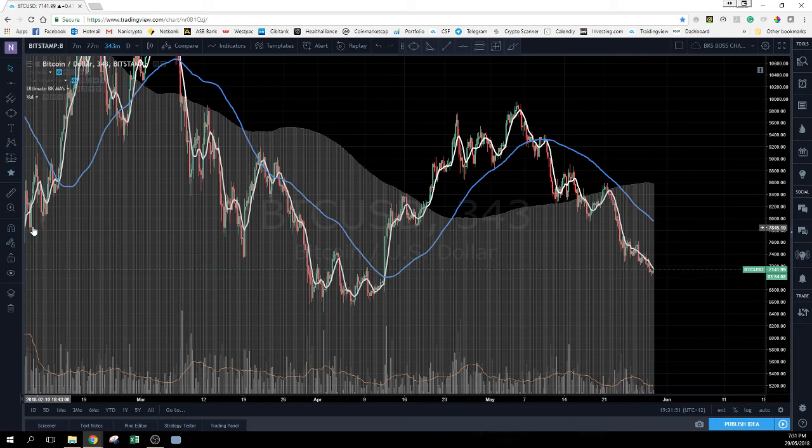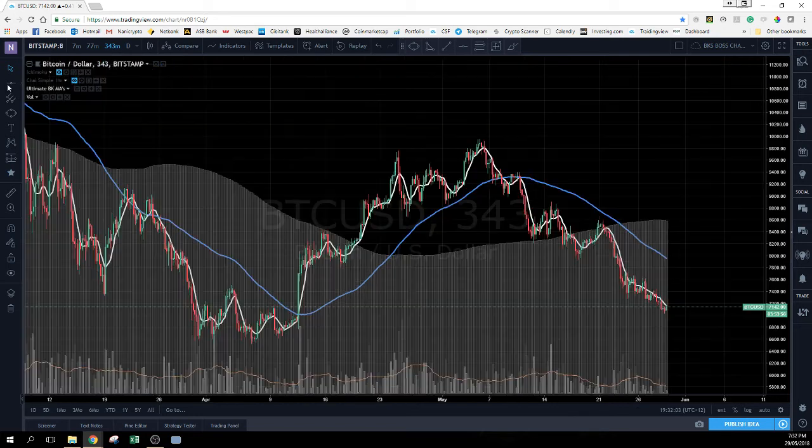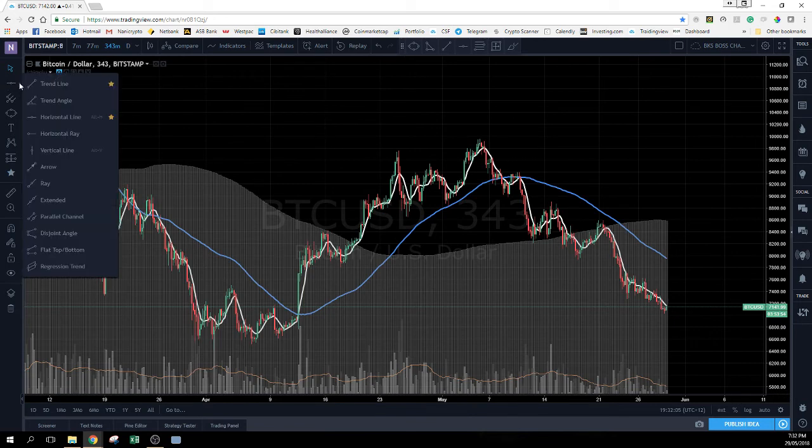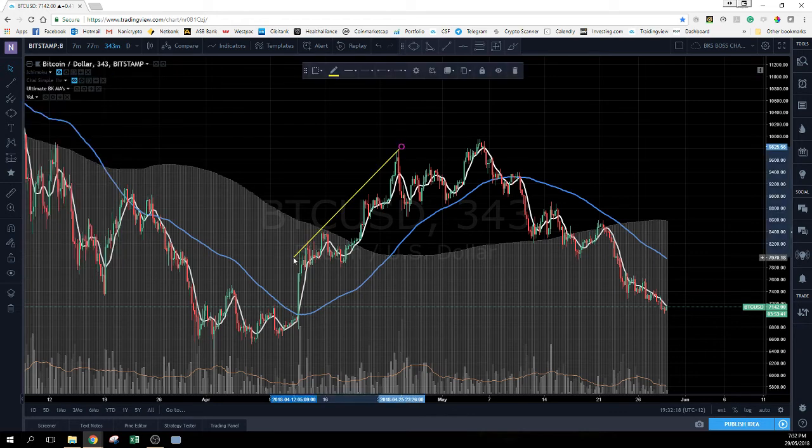That's when we can draw an uptrend. So if we come back over here and use the trend line, I'm currently using the wicks for this one. I can see that that line has been touched 1, 2, and 3 times.